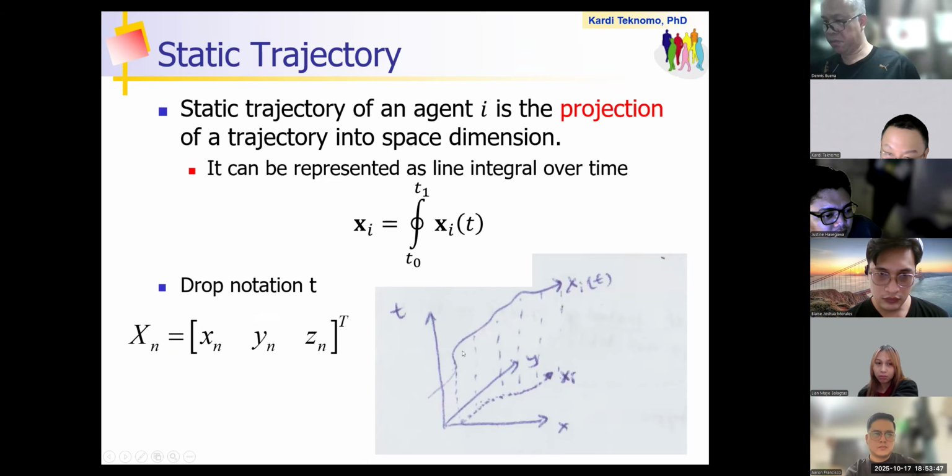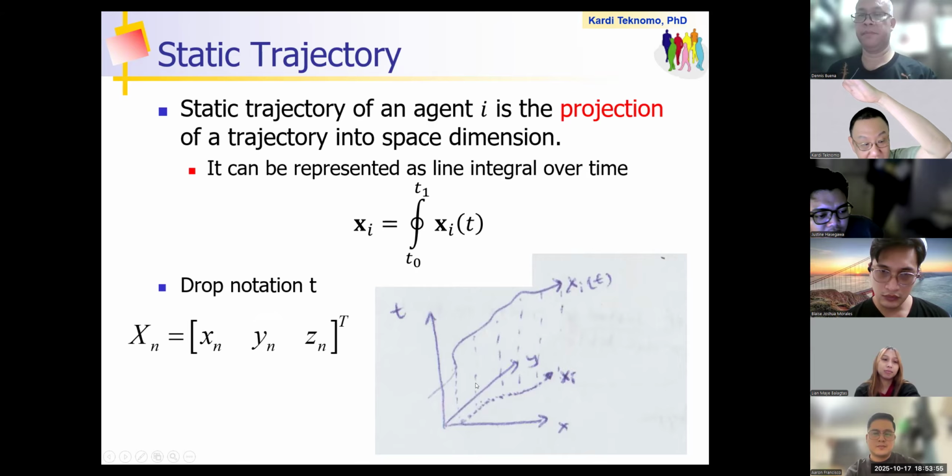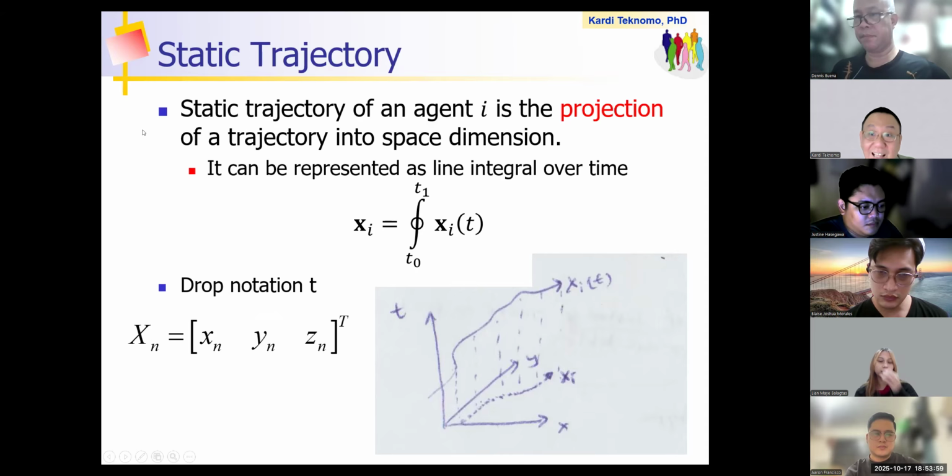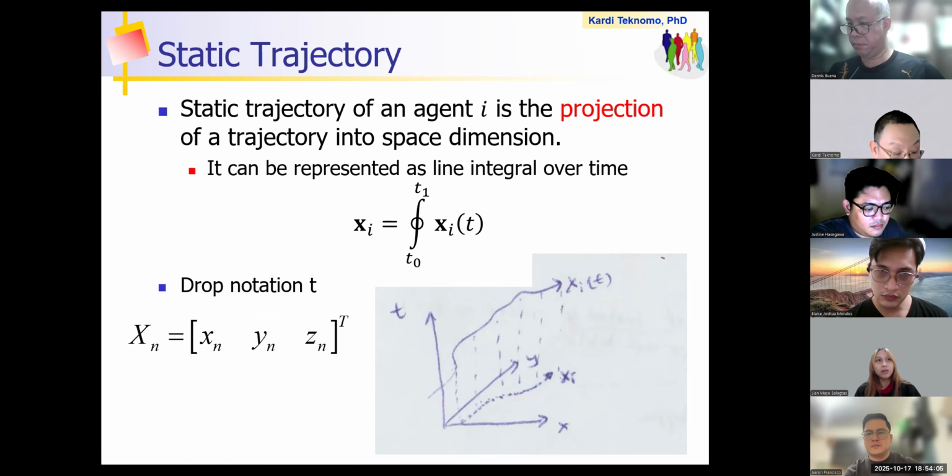Can you understand the drawing or not? It's just an ugly sketch. But the point is, if you have a trajectory over time and you project that into the space, then you get a static trajectory. That means for static trajectory, you don't care about the time. You only care about the space, but the sequence represents the time.